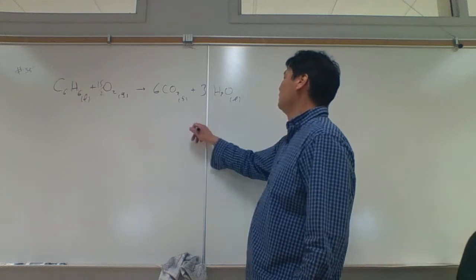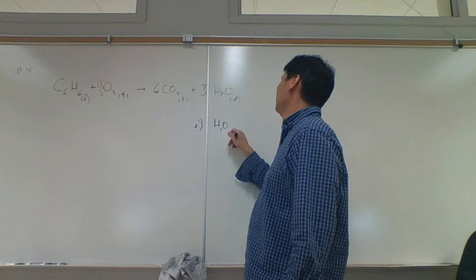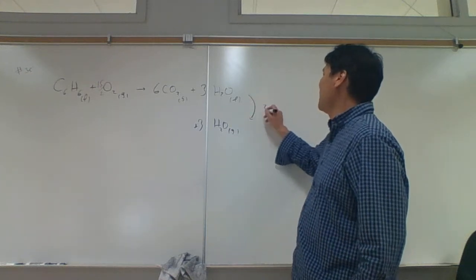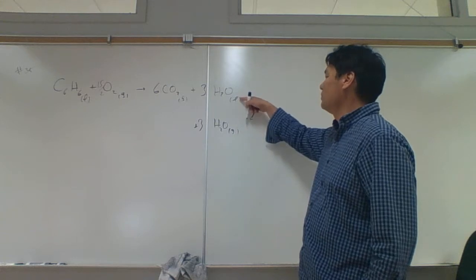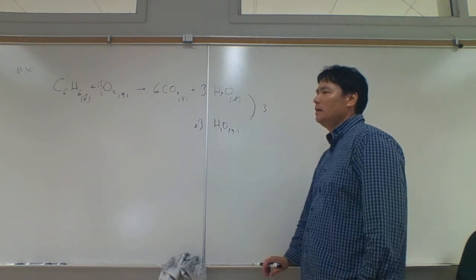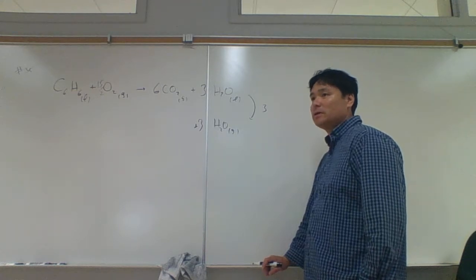The last part: if we form 3 liquid waters versus 3 gaseous waters, this would be 3 times the difference. In order to convert liquid to gas, we need the delta U or the delta H of vaporization.